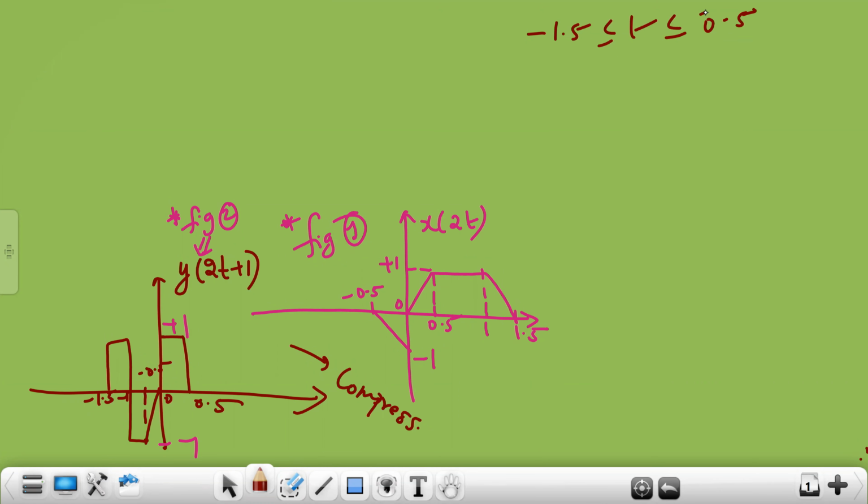Here from minus 1.5 to minus 0.5 you have +1, but here there is no signal, so this is 0. So 1 into 0 is 0, so you don't have any signal till minus 0.5. It will be on the x-axis itself.